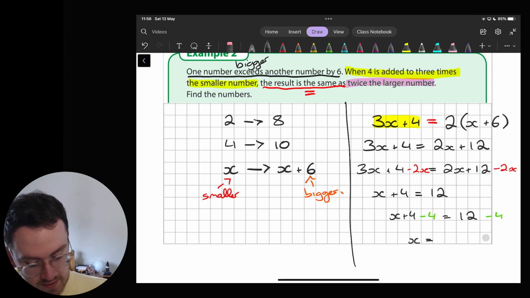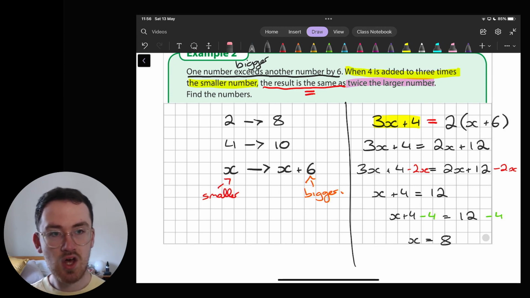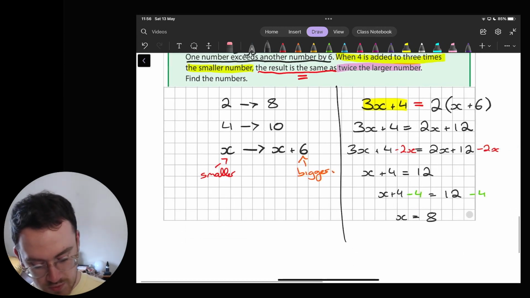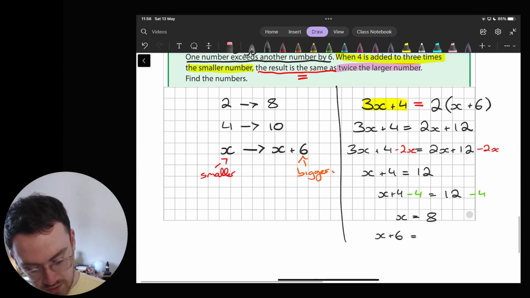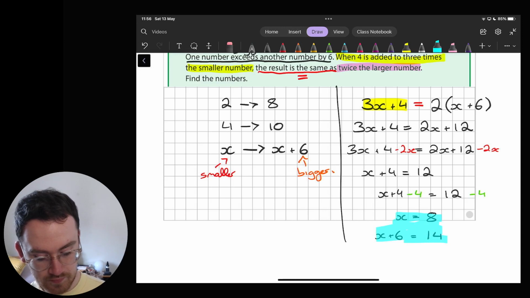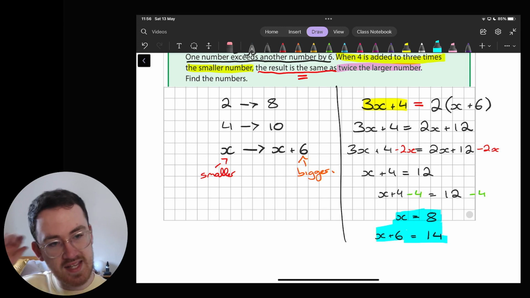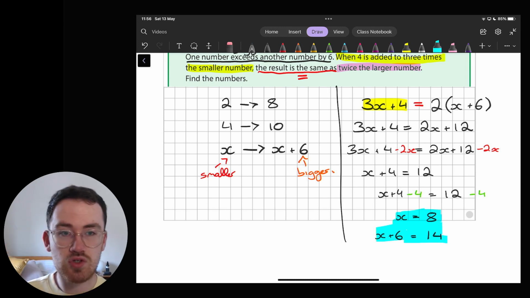I get that x is equal to 8. Okay, so x is equal to 8. What is the other number? The other number was x plus 6, so that's going to be 14. So just making sure that we find both of them, because we were asked to find both of the numbers. So one of them is 8, the other one is 14, and for those two numbers, this equation will hold.